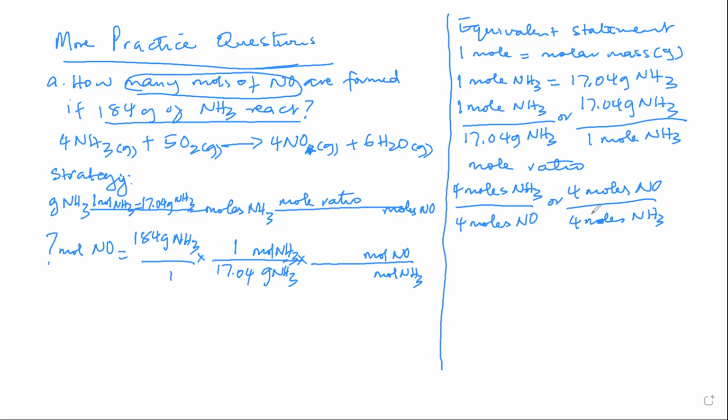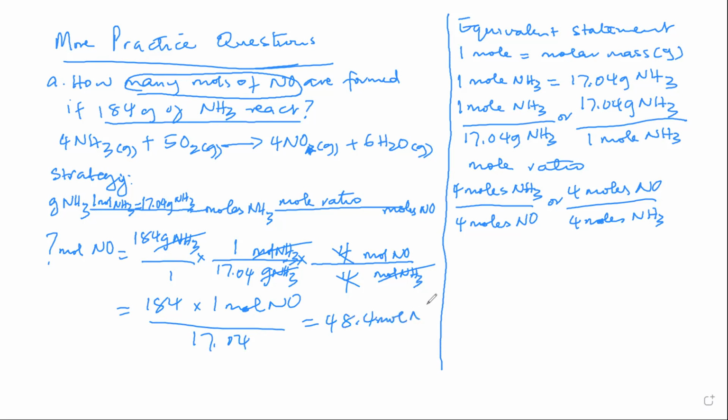So which one matches that? Okay, this crosses out, and that should be 184. This will cross out. 184 times 1 mole of that divided by 17.04. That will be 48.4 moles of NO.